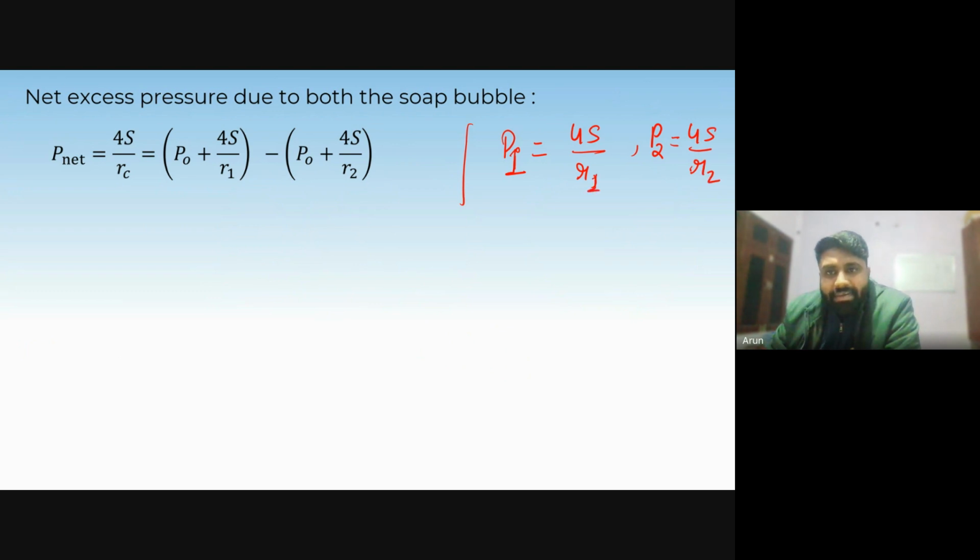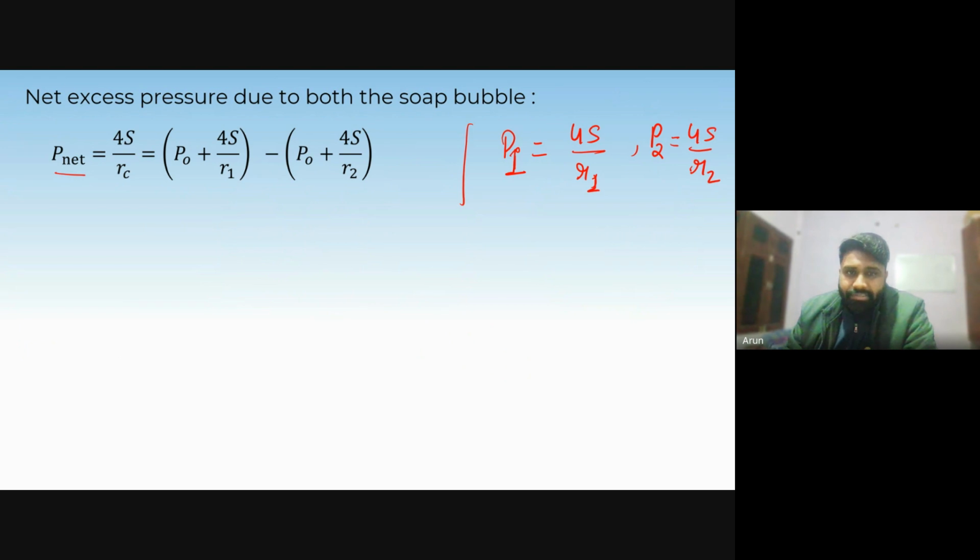Now, we know that P1 is greater than P2, so the P1 minus P2 excess pressure is the pressure of the finally formed sphere. So we can say that this P net is 4S upon RC, which is the radius of this collapsed sphere that was formed later. So it is nothing but P0 plus 4S upon R1. You can also neglect this P0, it is the outside pressure, however it is going to cancel out here.